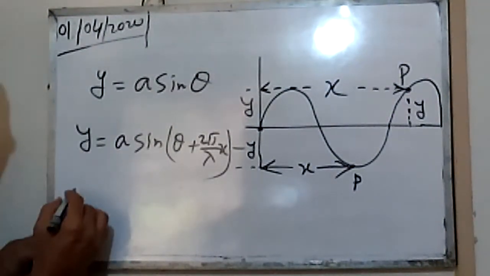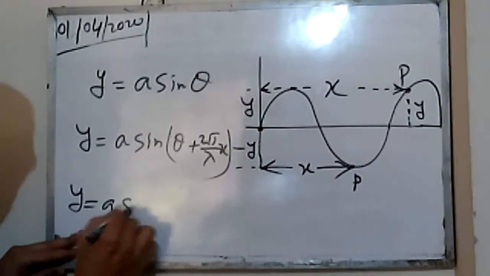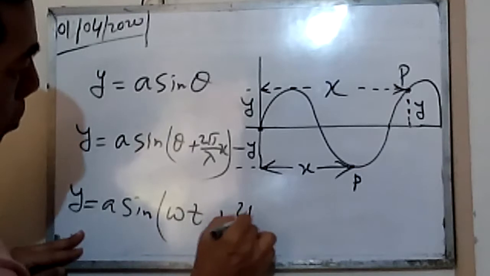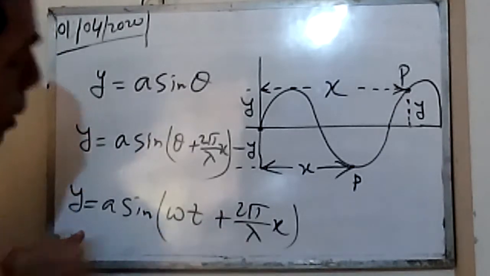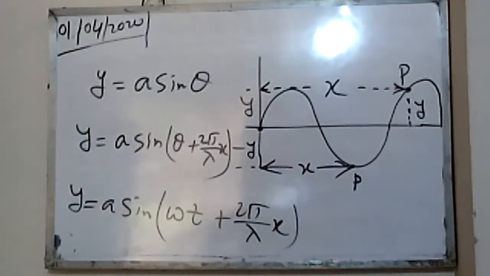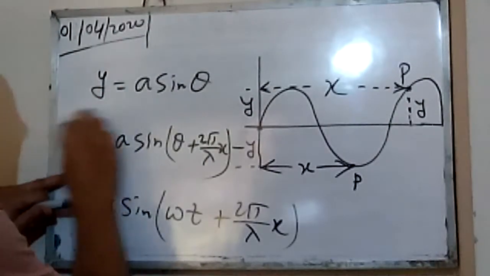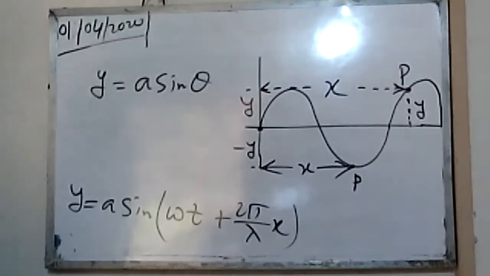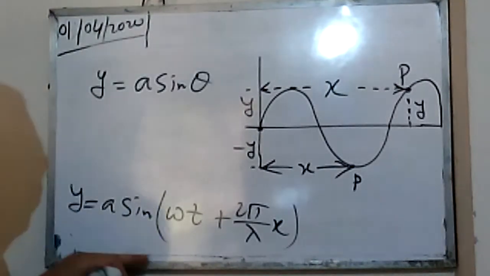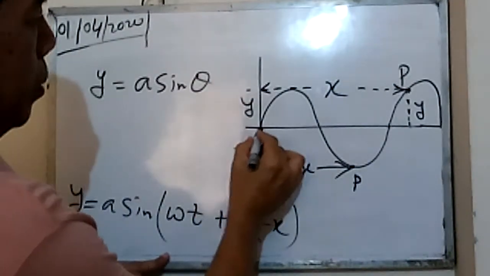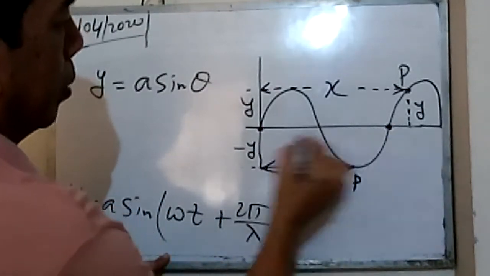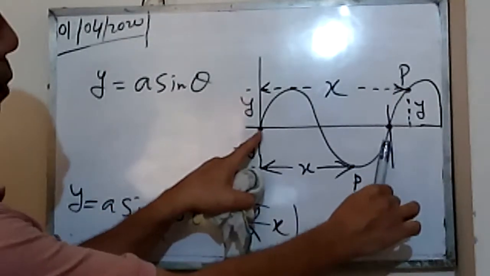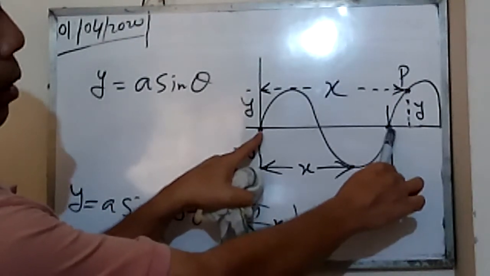Now y equal to a sine, we can write theta as omega t plus 2 pi by lambda x. Actually, the first particle and this particle, this is a complete wave.